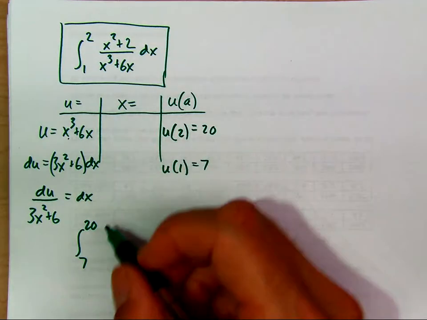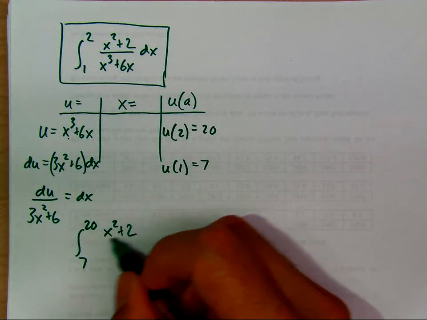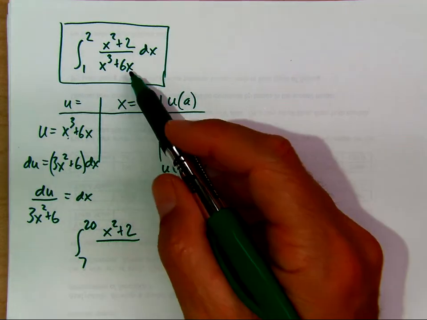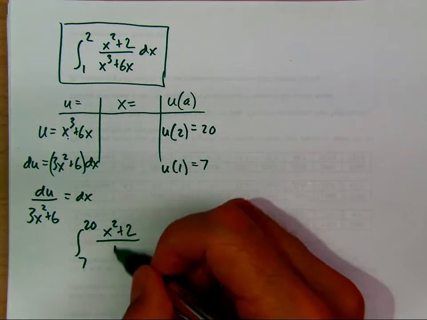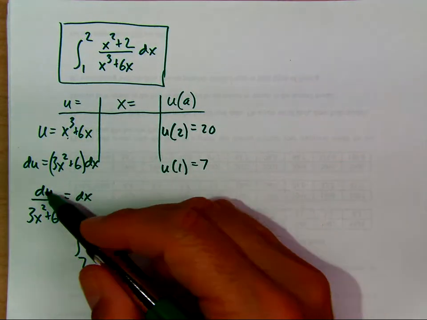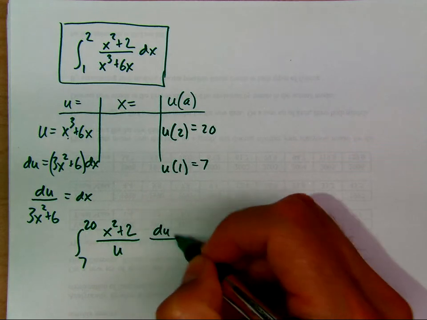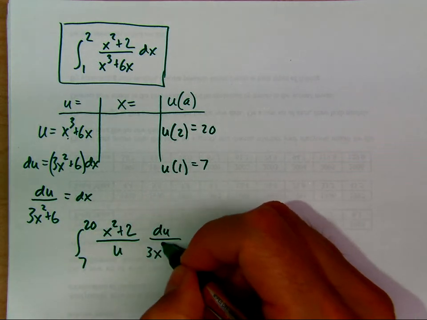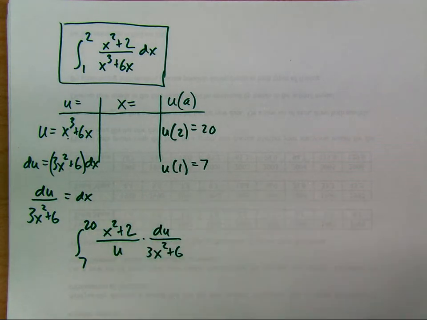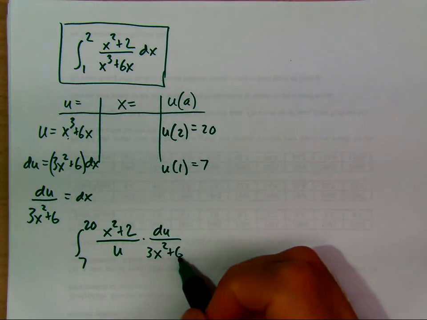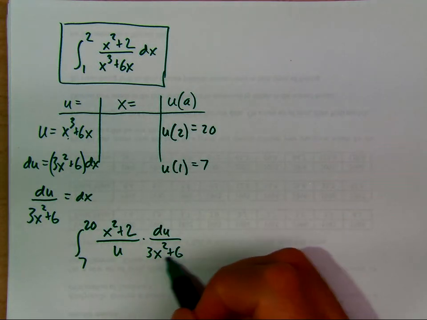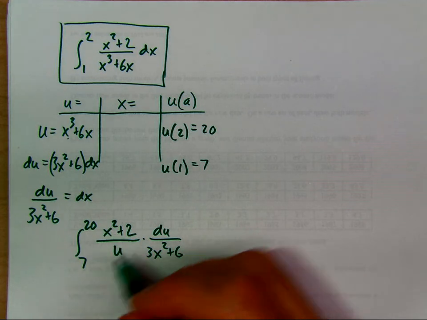And that stays there, but now we have u in the denominator, and dx is du over 3x squared plus 6. So here we can factor out a 3, and then what's left will cancel up there.